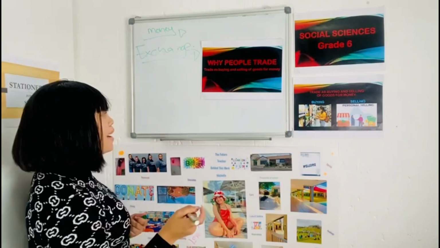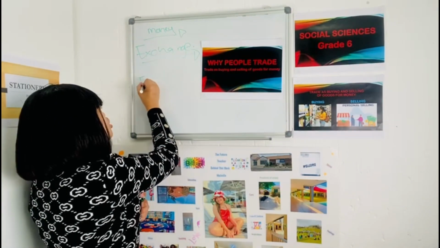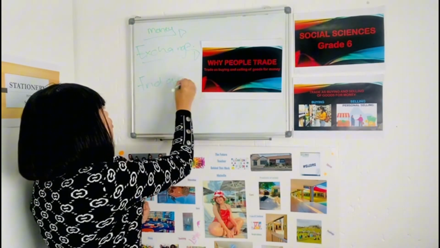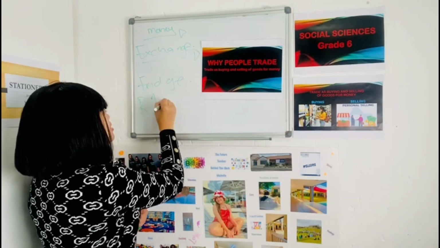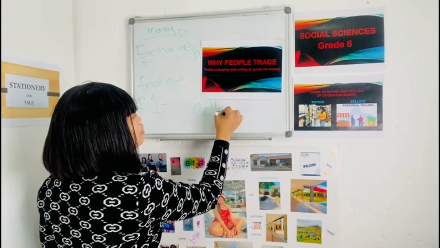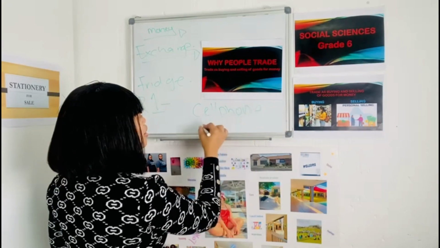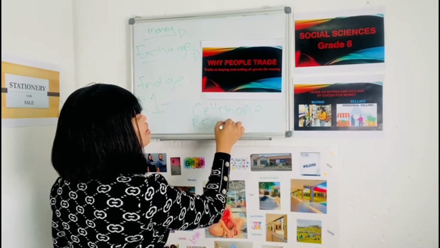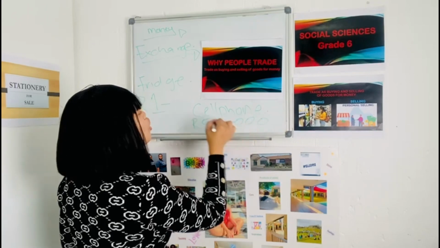So you won't buy a fridge for 1 rand. Now will you buy a cell phone for 500,000? So that's the reason why people decide by looking at the prices, okay?